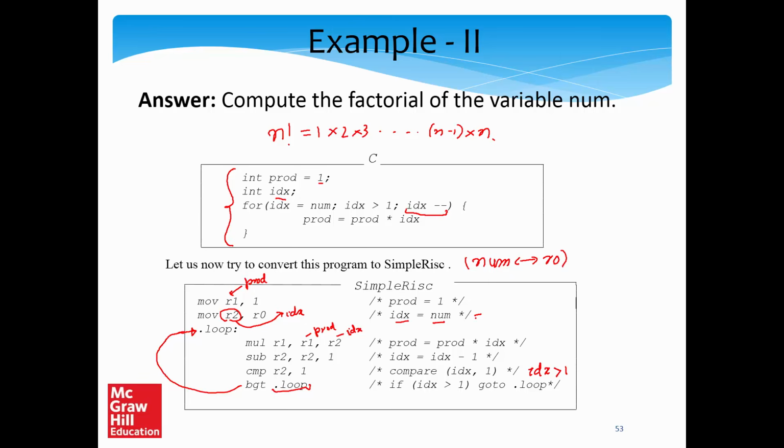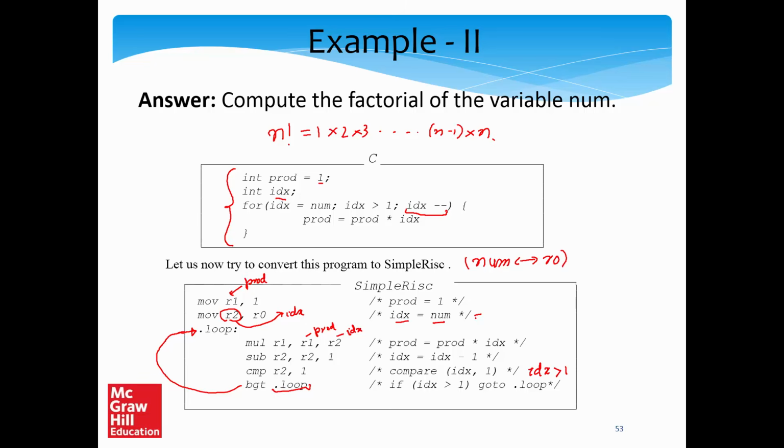Then we do the multiplicative step, and as I said, I'm making some simplistic assumptions over here, that num is actually large enough, so I'm not doing some checks. Then, once you do the multiply, let's reduce the index by 1. So let's have idx equals idx minus 1 with a subtract instruction, and then we compare.